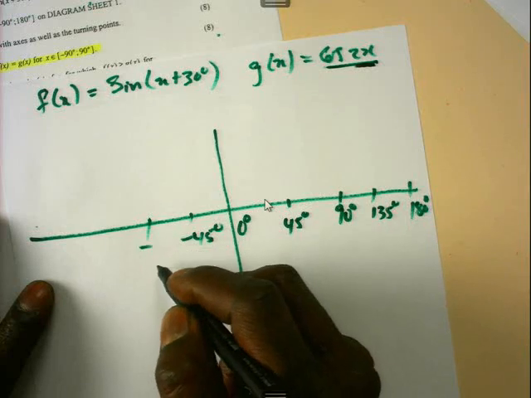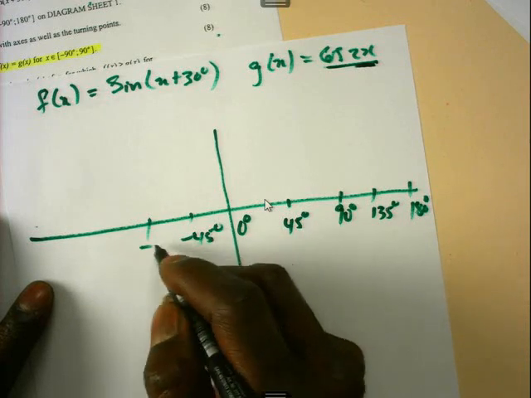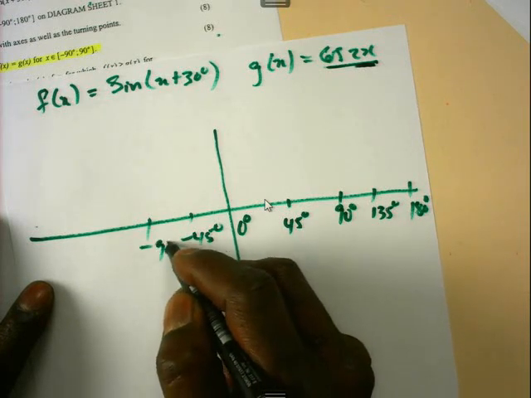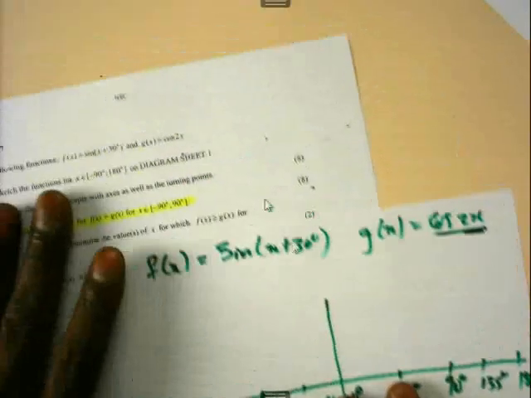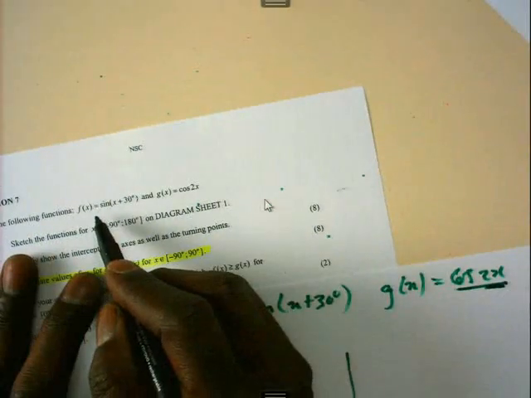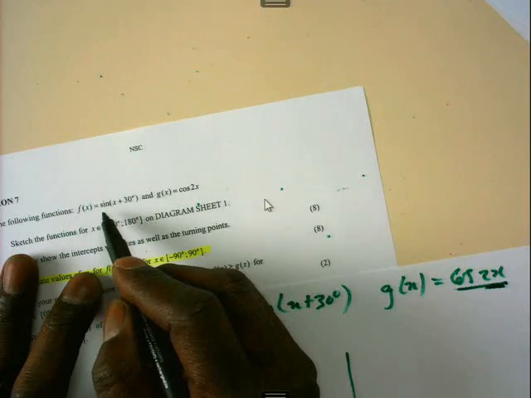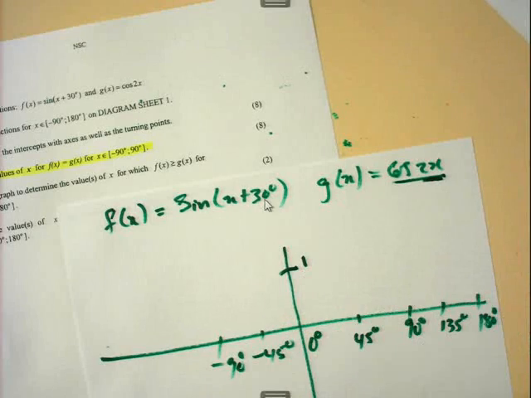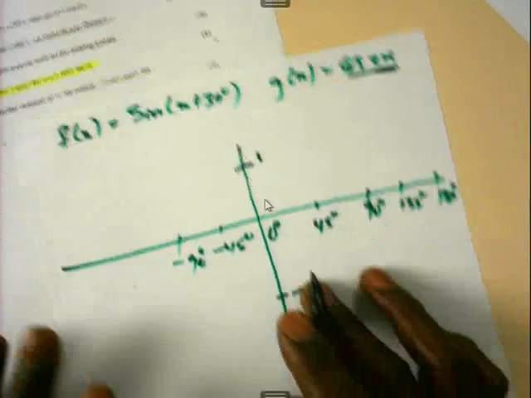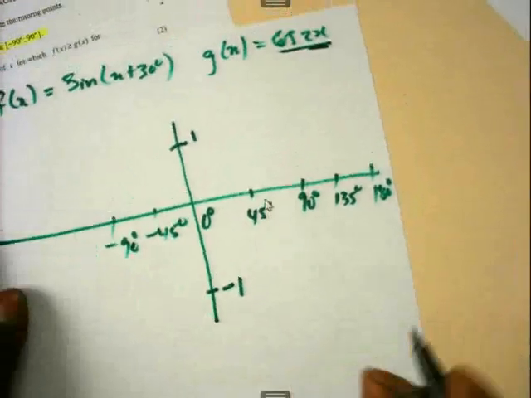I must go up to negative 90 degrees. That is now my interval where I must draw the two graphs. Of course, if I look at the two graphs, the amplitude of the sine and the amplitude of cosine remains 1. So I've got 1 and I've got -1 there. No problem.